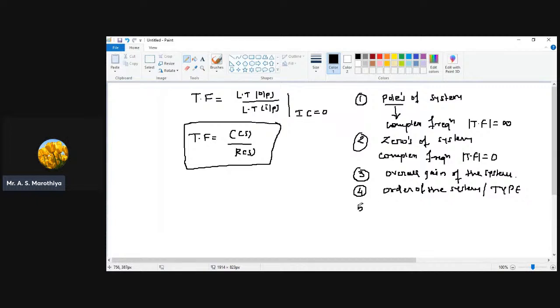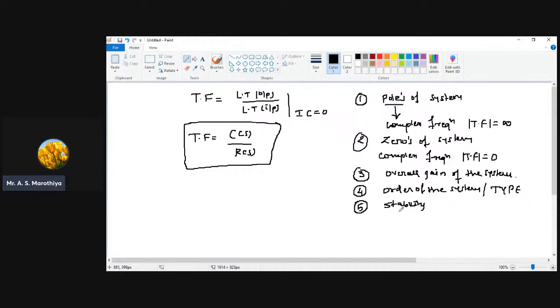Then we can also find out the stability of the system. But to find out the stability, we need to apply some logic, some laws, some rules, maybe Hurwitz criteria, Bode plot, root locus technique, Nyquist plot, polar plot.